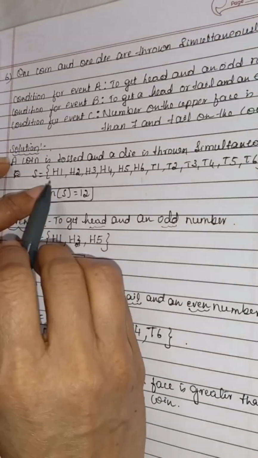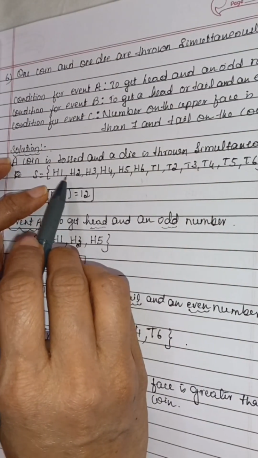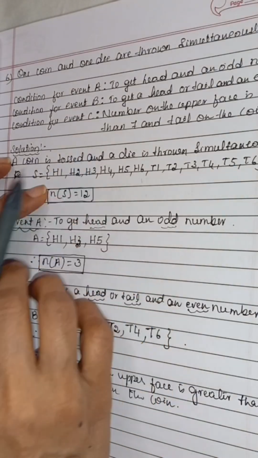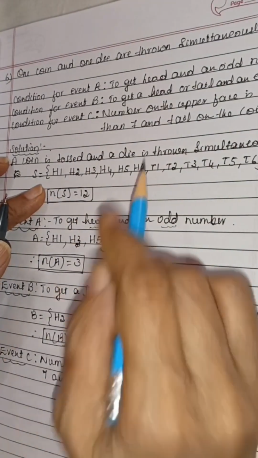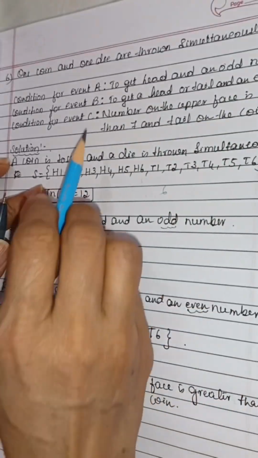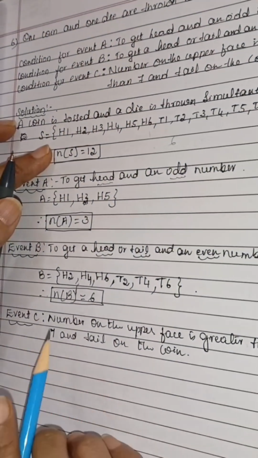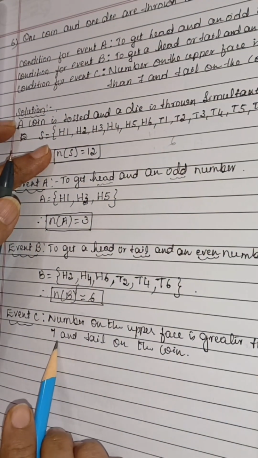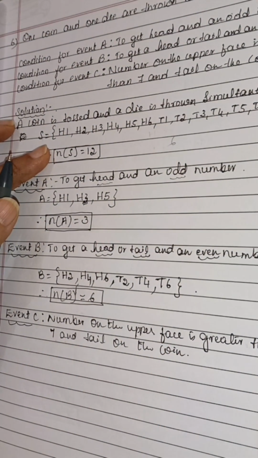Our sample space is such that the outcome of the die is only till 6. So there are no such elements.